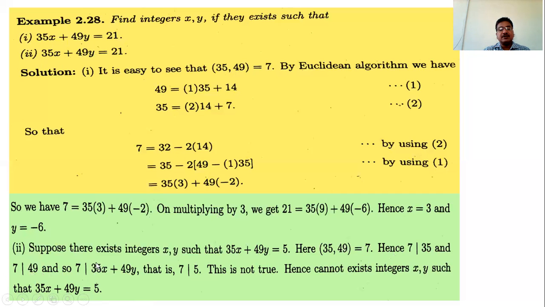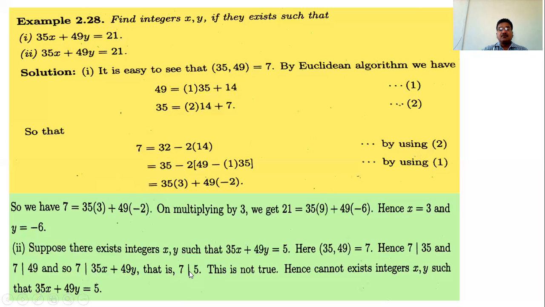Therefore 7 divides 35x plus 49y, because we know that if a divides b and a divides c, then a divides b plus c. But what is the value we have to find of 35x plus 49y? The correction is 5. So if you write 35x plus 49y, then does 7 divide 5? Is it true?